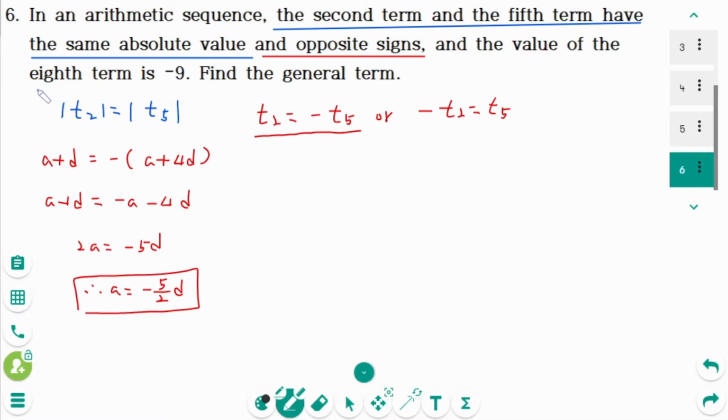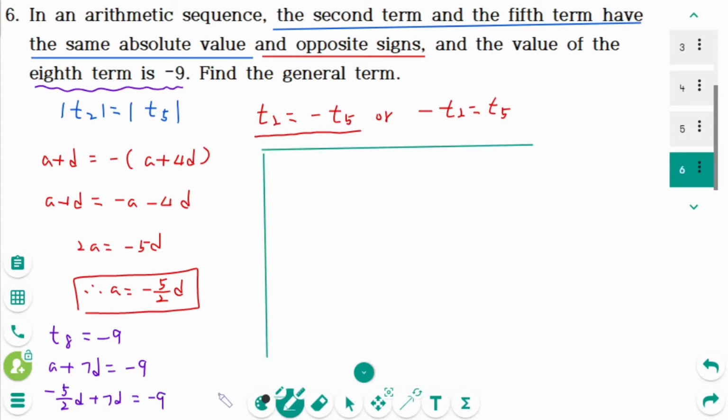Then the eighth term is minus 9. A plus 7D equals minus 9. Then A is minus 5 over 2 D, plus 7D equals minus 9. Then times 2 on each side: minus 5D plus 14D equals minus 18.